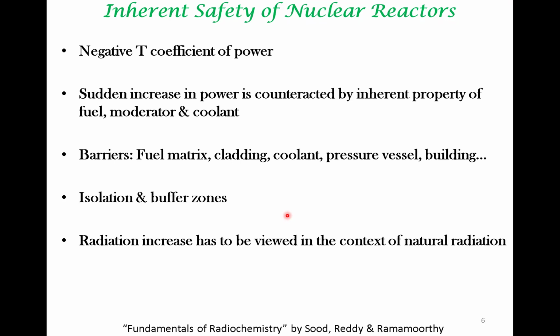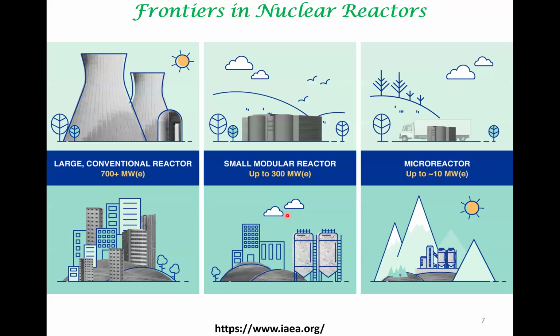But given that nuclear reactors are very green in the sense that they do not generate CO2, the emphasis on nuclear reactors for power is going to increase. So, as mentioned in the first lecture of the series on nuclear reactors, the frontiers of implementation are in having more small modular reactors and micro reactors.